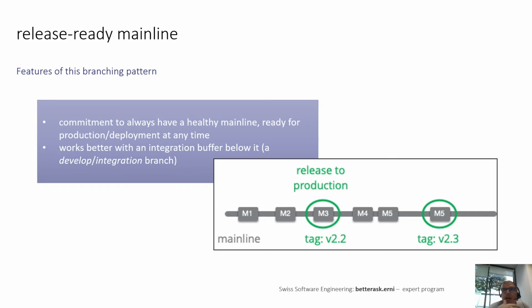But I have worked in companies where they had this policy, the release-ready mainline always healthy, but the builds were broken, the tests were broken, bugs were introduced all the time. Sometimes it's only an intention, and sometimes it happens.